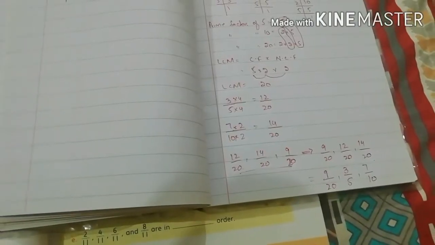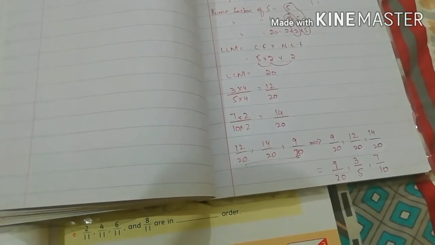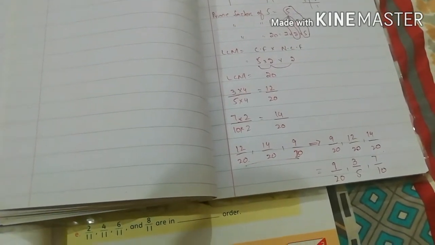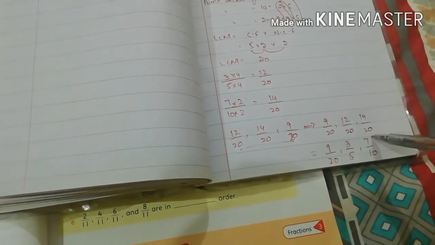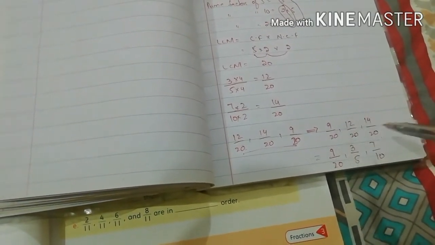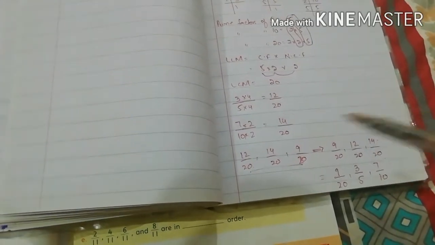Now dear students, in descending order we know that descending order means highest to lowest. So denominators are same. Now we will check the numerators. So the bigger numerator is 14.